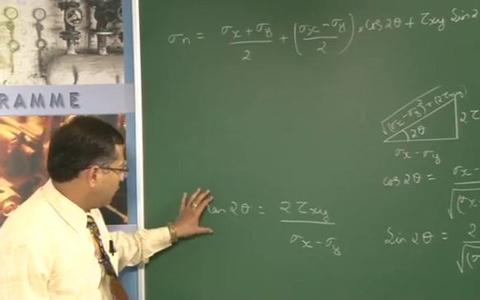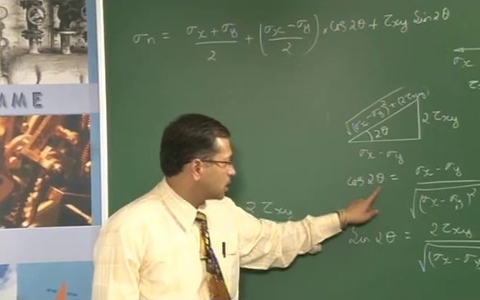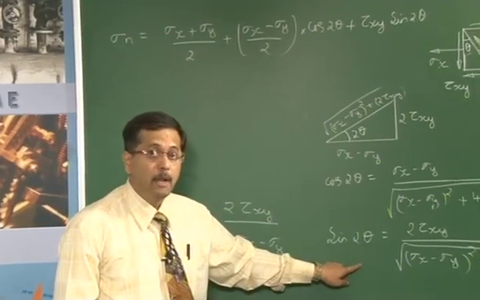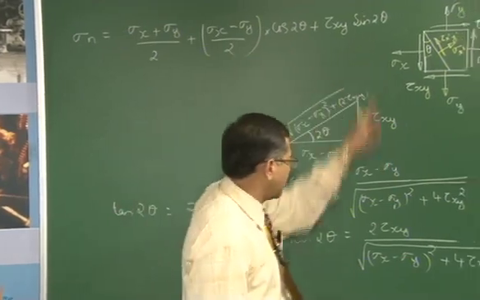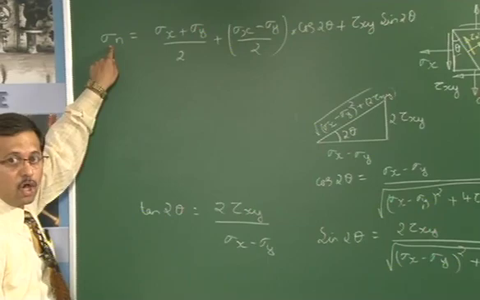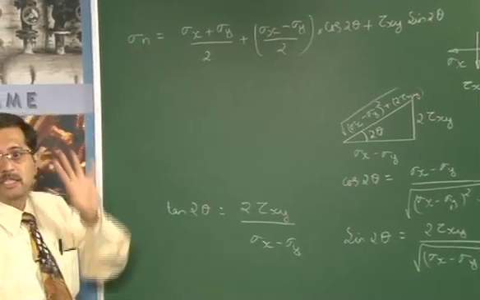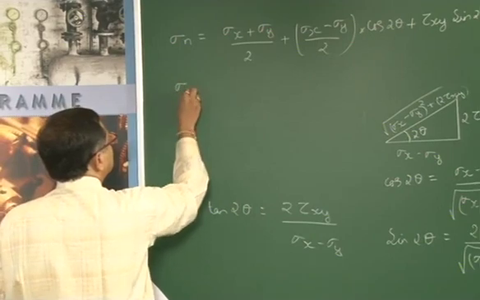Now, we have got this expression where this theta value corresponds to the principal planes. So, we will substitute this for cos 2 theta as well as for sin 2 theta. If we substitute this here, I would get the stress on the plane, which would be the maximum stress, called the principal stress, and we denote that as sigma 1.